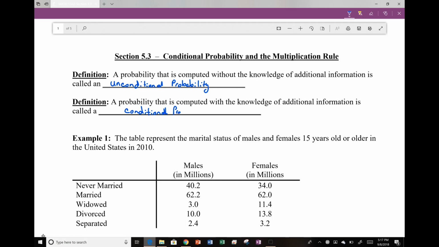Conditional probability is looking at items that we know something about. For example, if you are thinking of going to a restaurant, if you just put restaurants' names in a hat and draw one, that's unconditional probability.